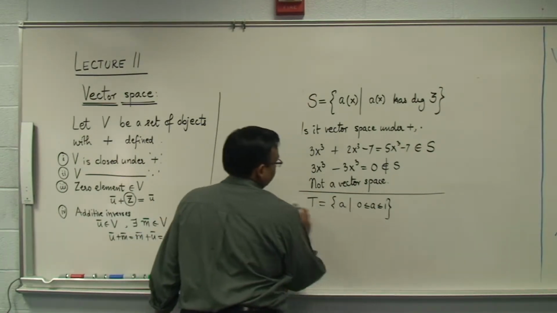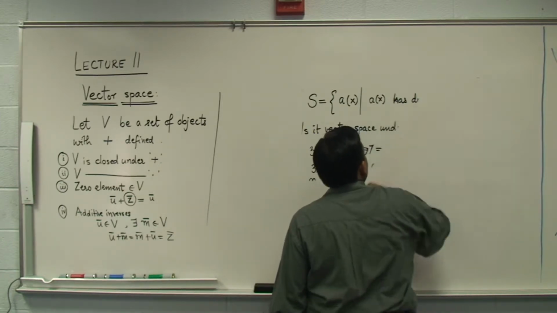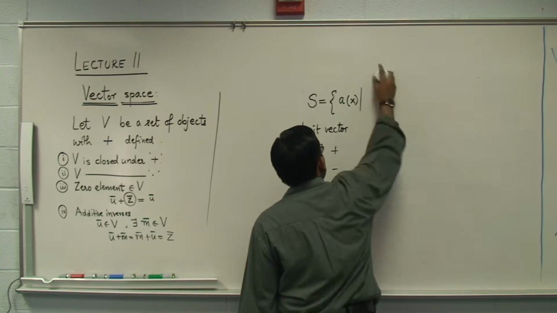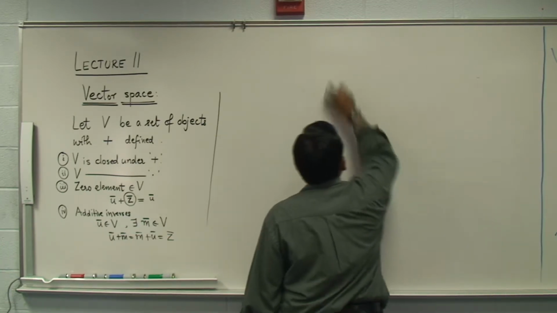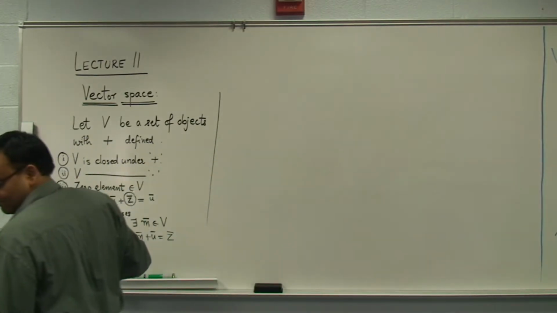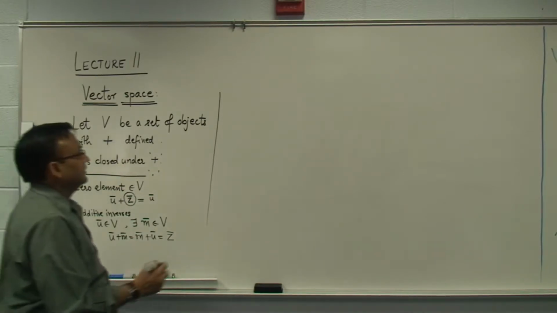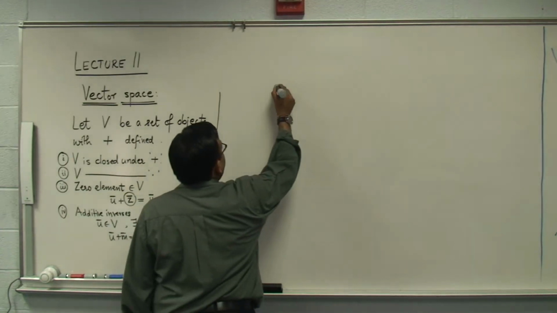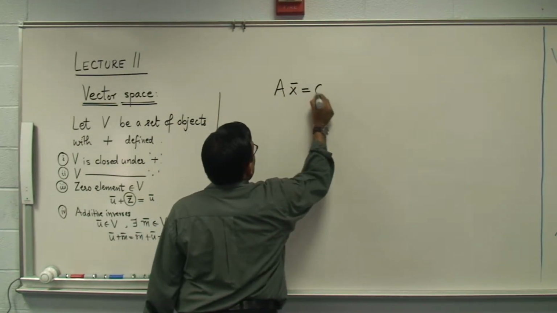Let me try to introduce one more thing before we go to the full aspect of a general vector space. Let's see if we can take it one notch higher. Remember this homogeneous system?